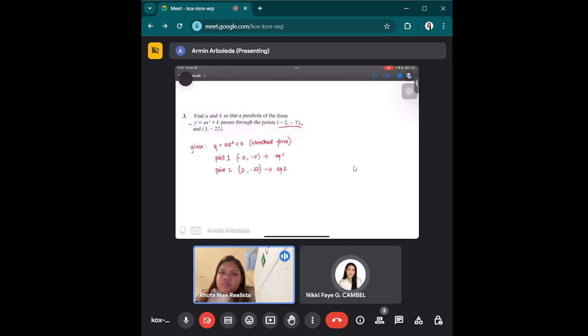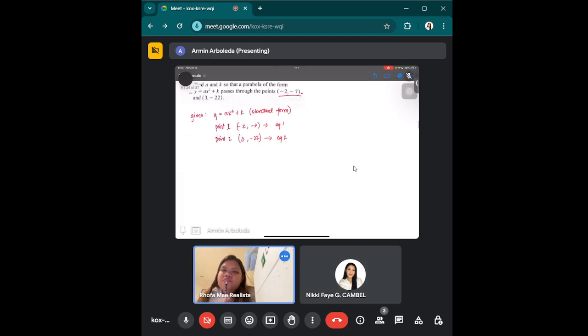Then we can find a and k since we have two equations. Let me write it: find the required equation of the parabola. So here's our solution.